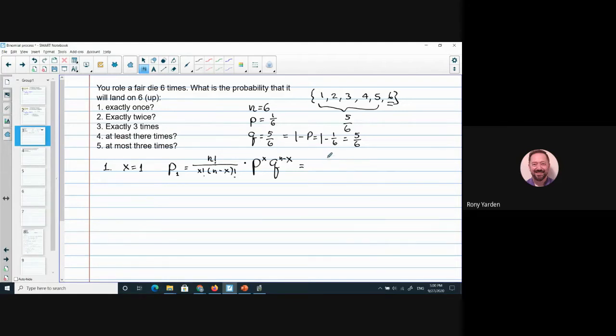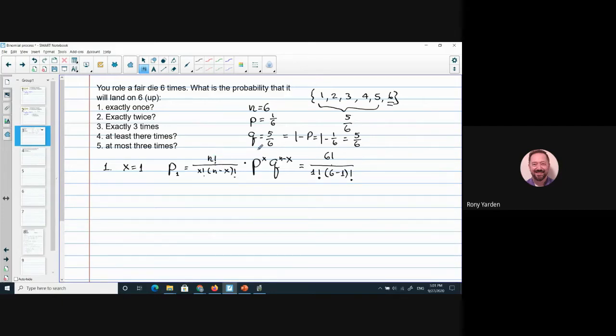So first we have n factorial, and this is divided by x is 1, so we have 1 factorial times 6 minus 1, because it's n minus x. N is 6, x is 1, n minus x factorial. We're done with this expression.